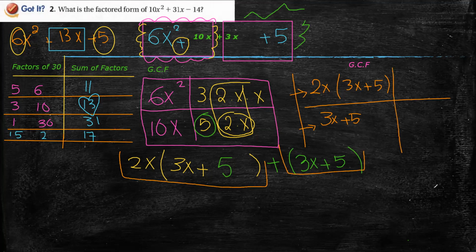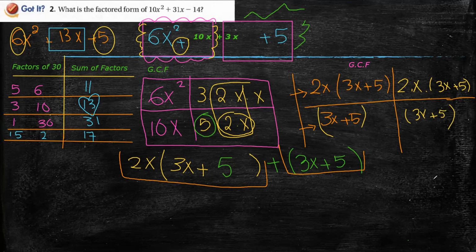Then after that, let's write the factors of them. The factors here are 2 times x times 3x plus 5. The second one, what do we have here? Only 3x plus 5.